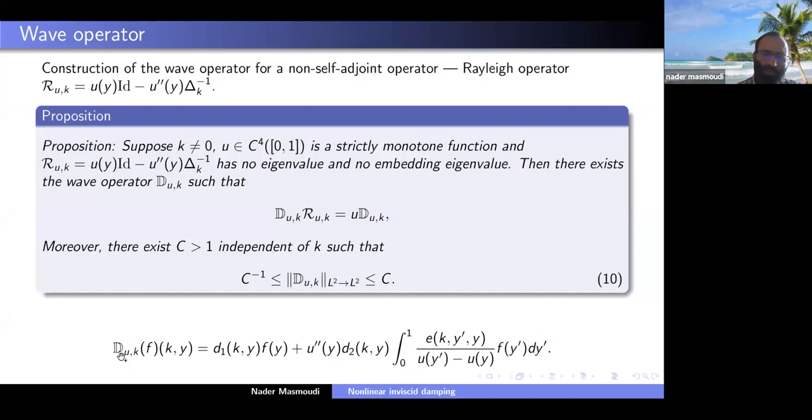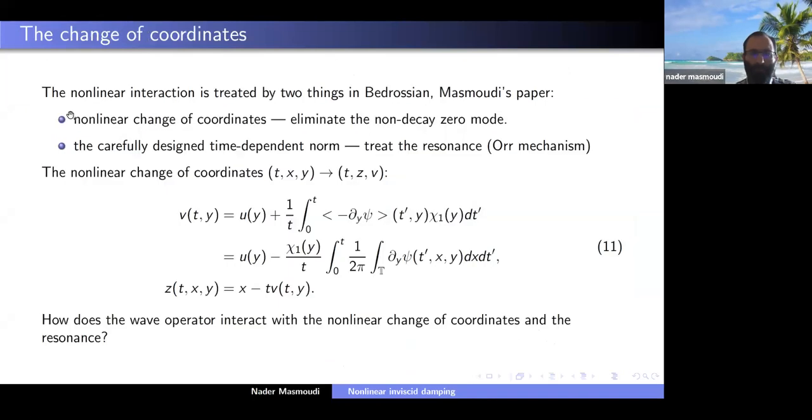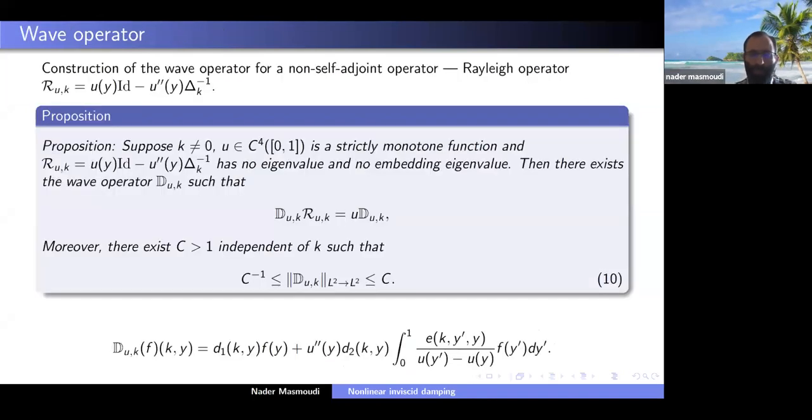Now, not only do we construct this object, but then we have to understand what this operator is doing on the frequency side. I'll explain why we need that. Again, I should say that the wave operator is bounded in L2, and we need to understand now how this linear analysis interacts with the nonlinear proof.